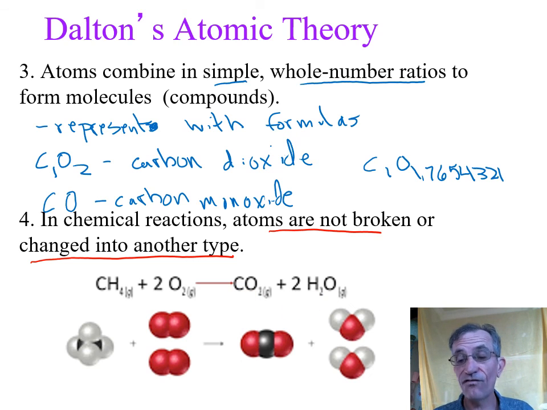So new substances are forming, but the atoms we started with are still there. They've just joined up in a new pattern in a chemical reaction. That's it for Dalton's atomic theory, and that's it for part A of this lecture. We'll move on and learn more about atoms in the next part.